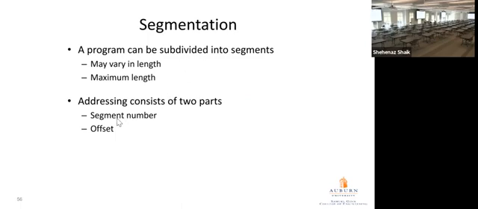In other words, for a given logical address, we may want to first identify exactly in which segment that address is located, as well as in that particular segment, what is the specific offset, or the relative location at which that logical address can be accessed. Okay, so the addressing consists of 2 separate parts and not a simple relocation as we have seen earlier.